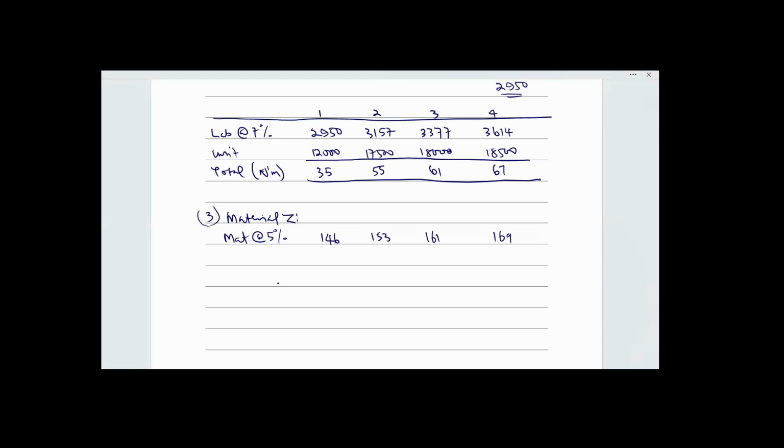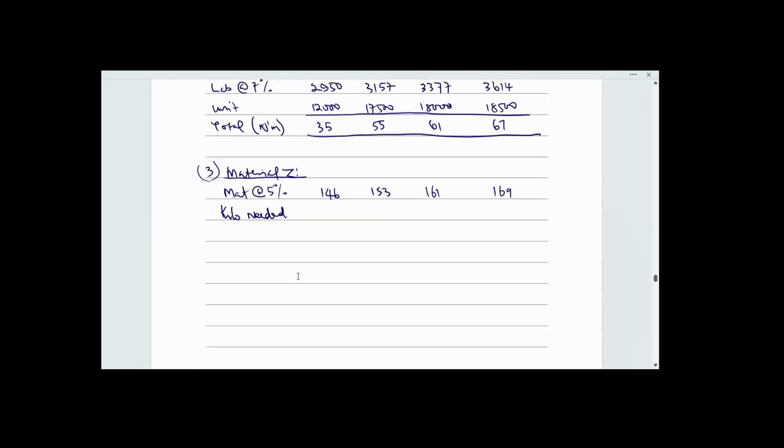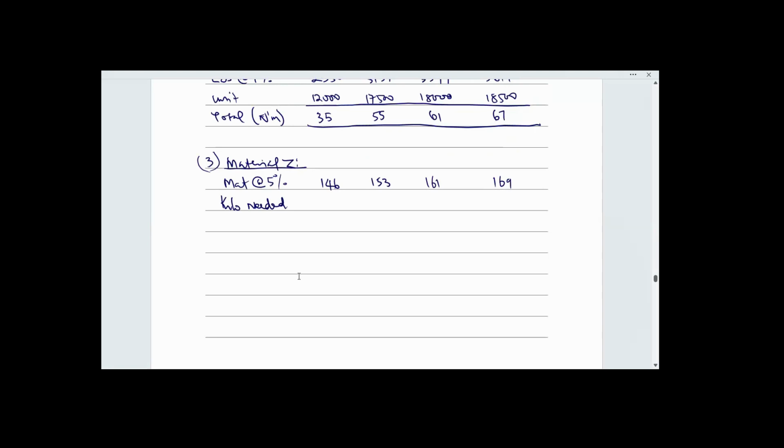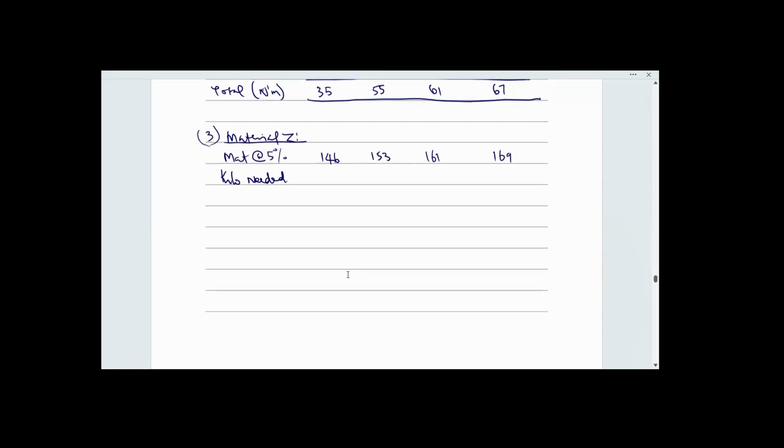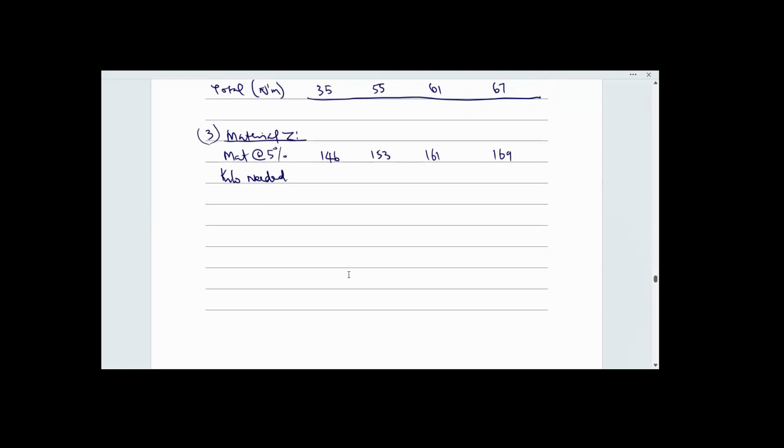So we have inflated the material Z per kilo. The next step is to multiply by the number of kilos. How many kilos do you need in year 1, year 2, year 3, year 4? In this question, the examiner did not give us the kilo needed, therefore you need to work it out. After I've gotten my kilo needed, I will create my total cost in million.